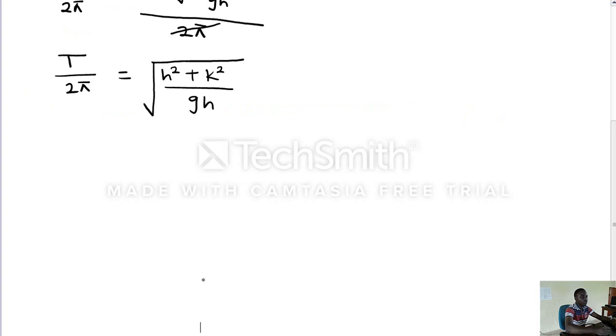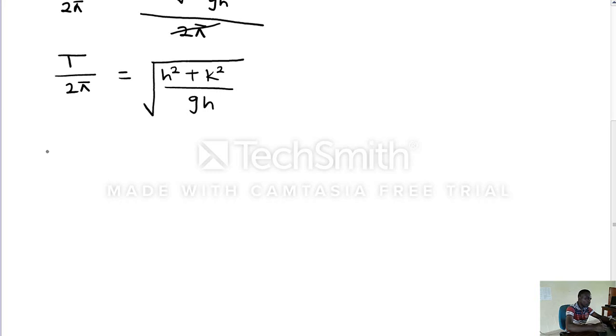Now you will discover that we are getting closer to g, and g can be found at the denominator of the fraction under the square root sign. So what I'm going to do is first and foremost undo the square root sign, and the opposite of square root is square.